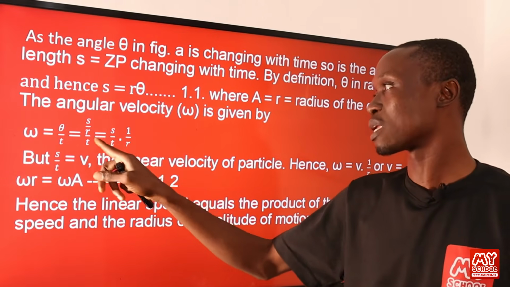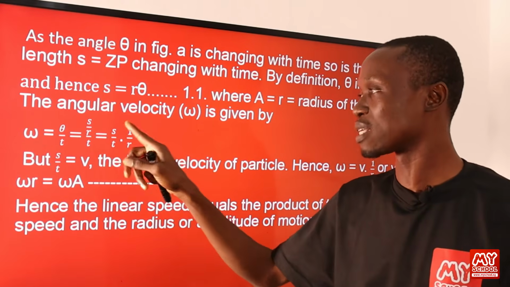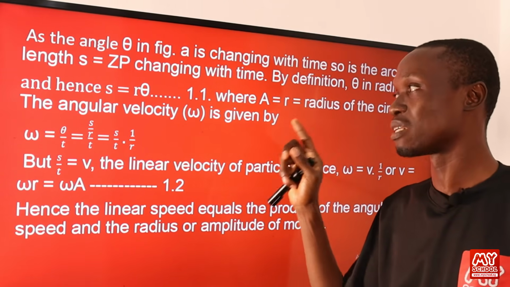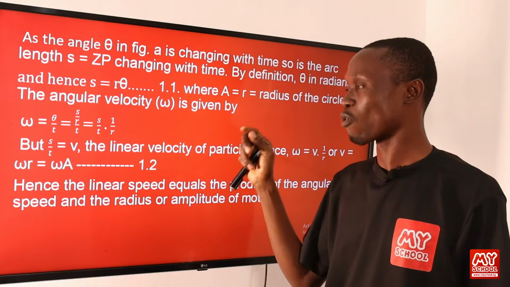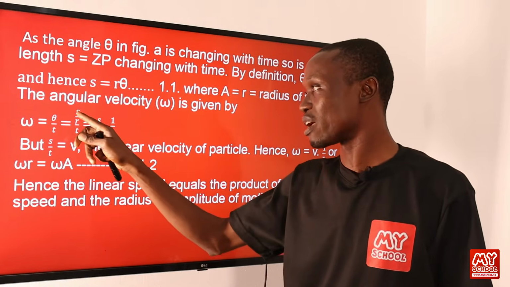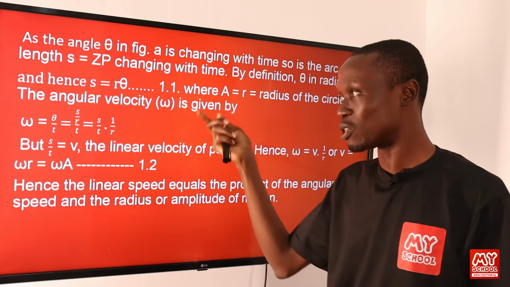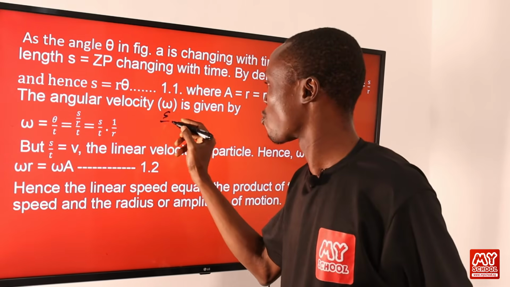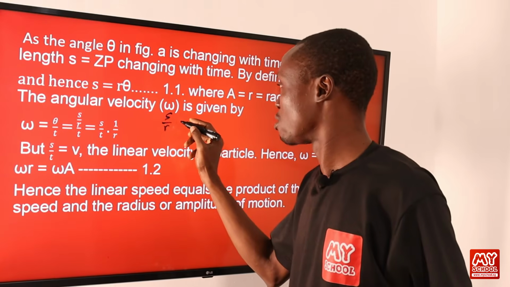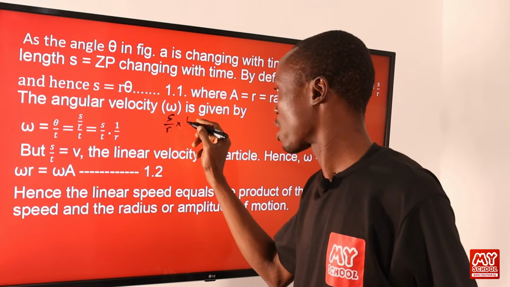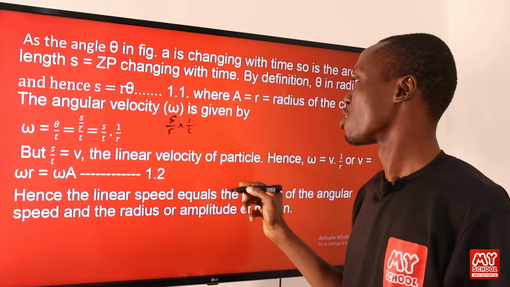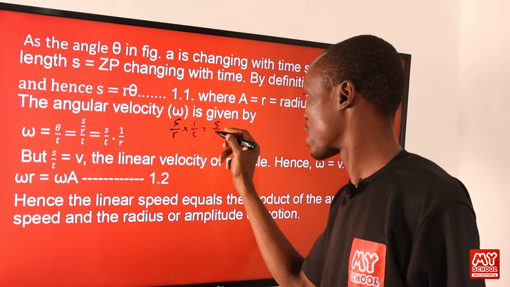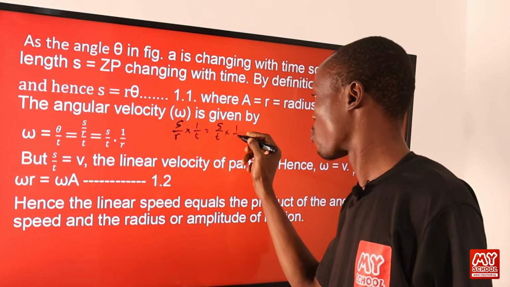But remember that s over r over t is still the same thing as x over r divided by t. Of course, we keep the first fraction, which is s over r, then we flip the second fraction, which is t over 1. So in that case, we'll be having x over r times 1 over t. But remember that this as well can be written as x over t times 1 over r.